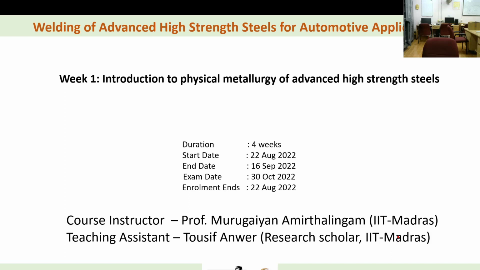For example, right now we are in the first week of this course, so we'll first discuss the summary of what we were taught in week 1, and then we'll go on to solve some sample problems which will be similar to those in the assignment, and then you go and solve the assignment problems and maximize your score. So the topic for week 1 is Introduction to Physical Metallurgy for Advanced High Strength Steel.